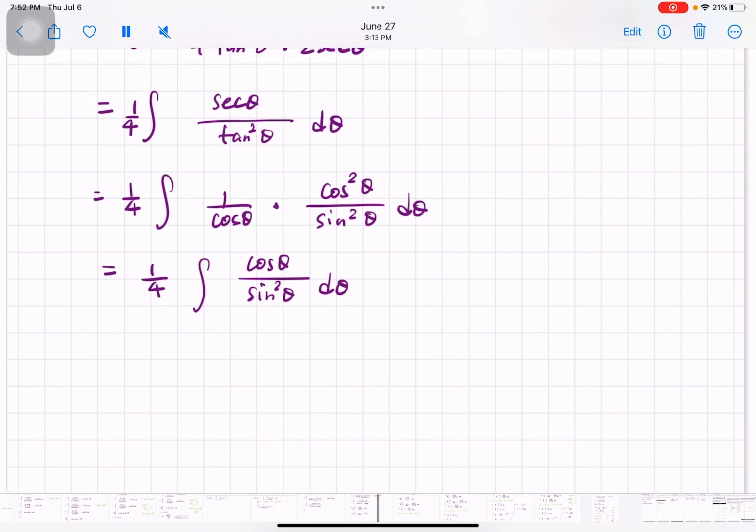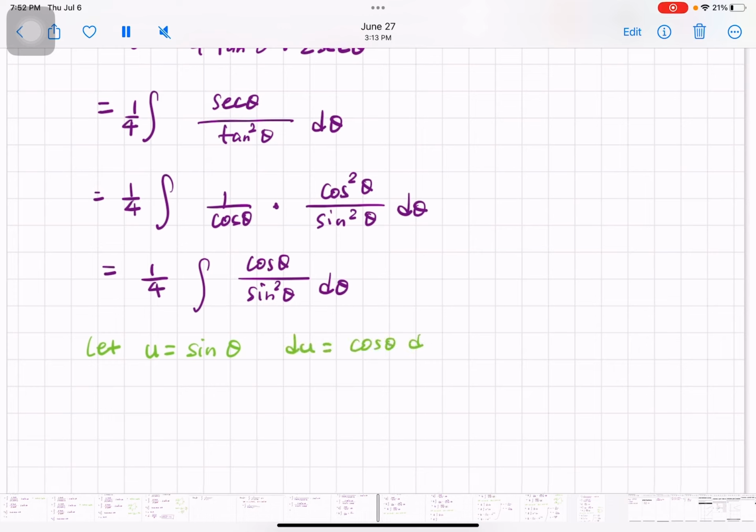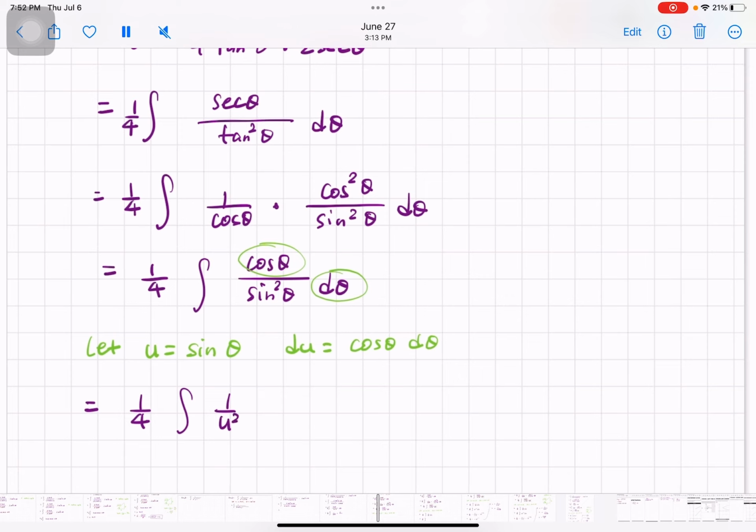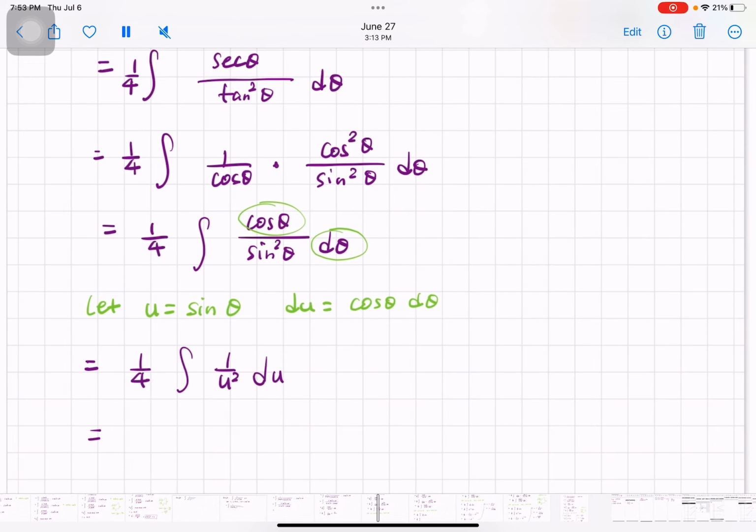We can use u substitution. U equals sine of theta, and du equals cosine theta d theta. We get 1/4 the integral of 1 over u squared, which is u to the negative second power.